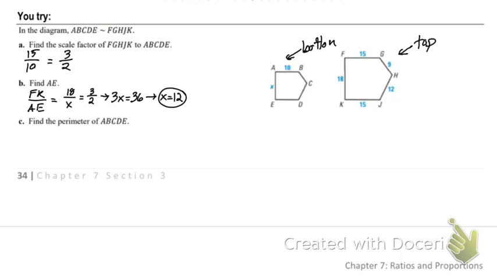All right, perimeter. I'm just going to give you the answer, what I got for perimeter. Actually, I think I made a mistake when I calculated my perimeter. So it'll be 20, 30, 46.